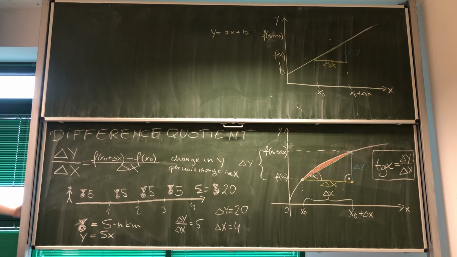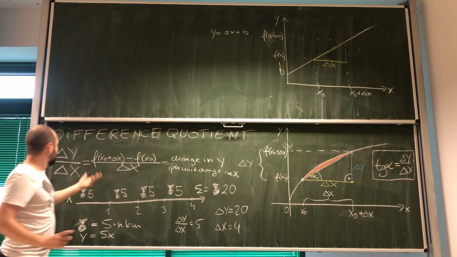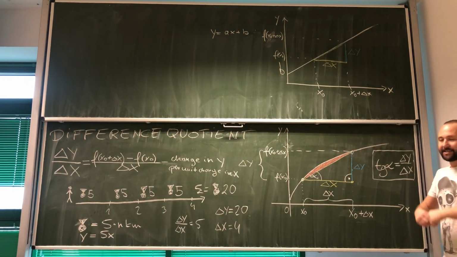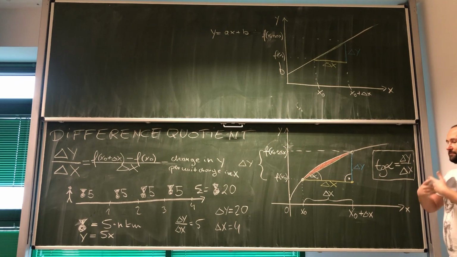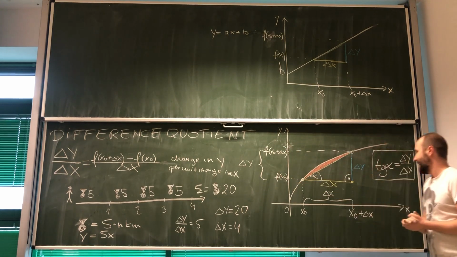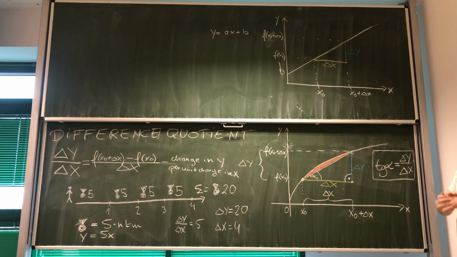Okay, so look, what have we learned from this? We've learned that difference quotient is showing us average change. So it measures change in y per unit change in x. So this is only an approximation of what is really happening.